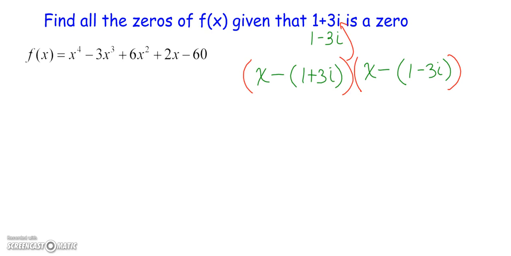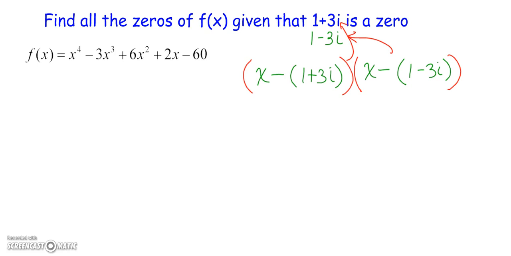Again, this second red set of parentheses is the factor that makes 1 minus 3i a 0. That's tricky to set up. I know both of these red sets of parentheses are factors.